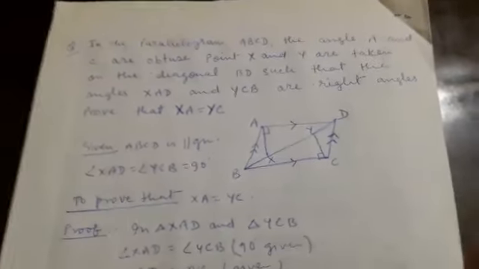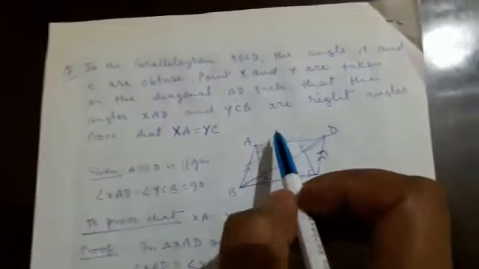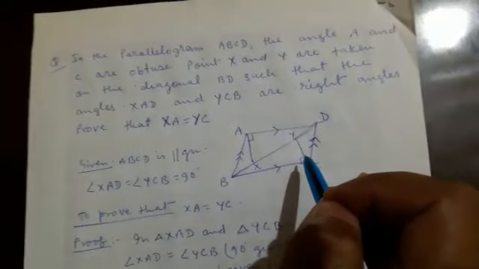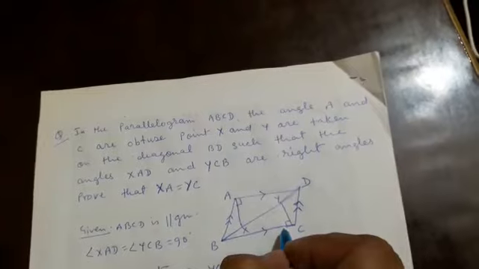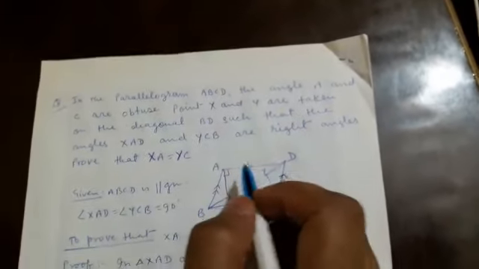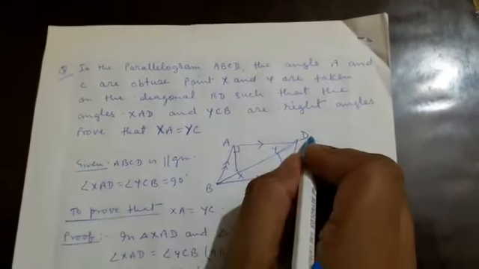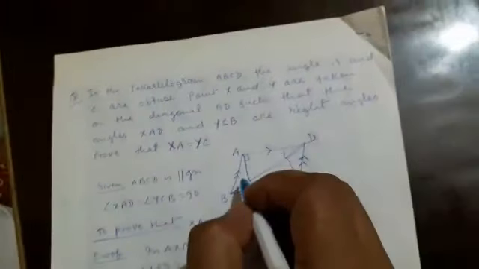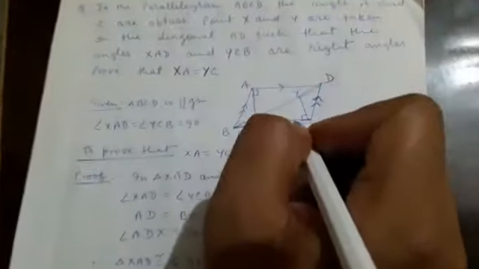Now we will see the next question. In the parallelogram ABCD, the angles A and C are obtuse, means greater than 90-degree. Points X and Y are taken on the diagonal BD, such that angles XAD and YCB are right angles.